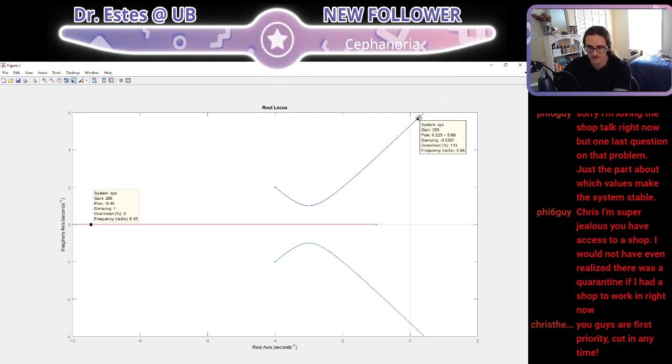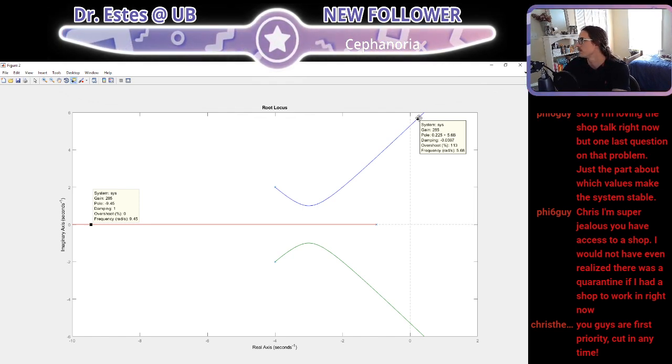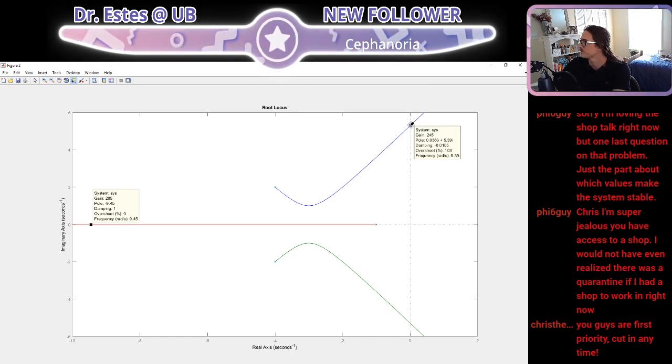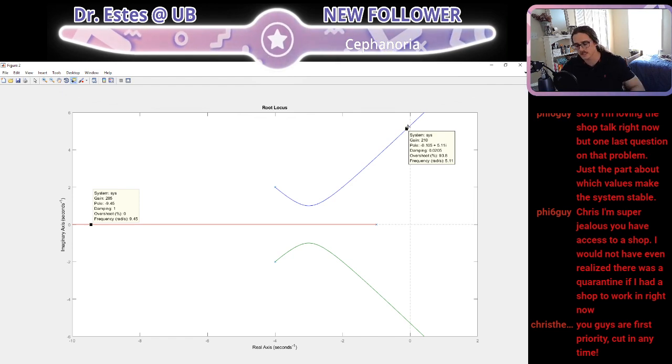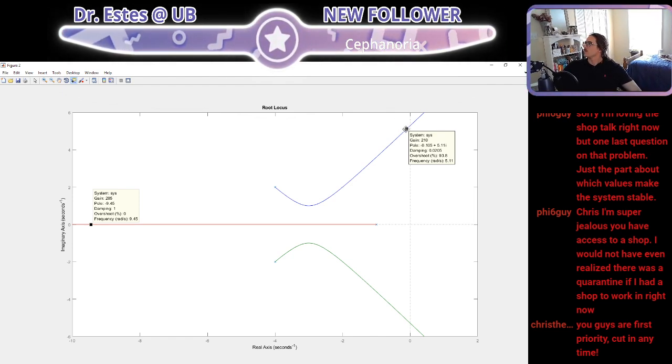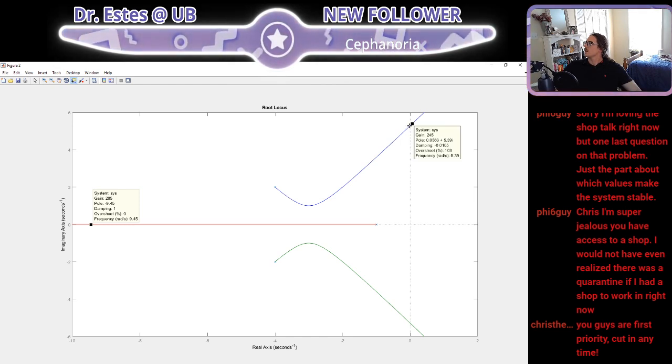If any of the system roots have a positive real part, that results in system instability. So it looks like if the gain, or the parameter k, is larger than 240, these blue and green roots become unstable.